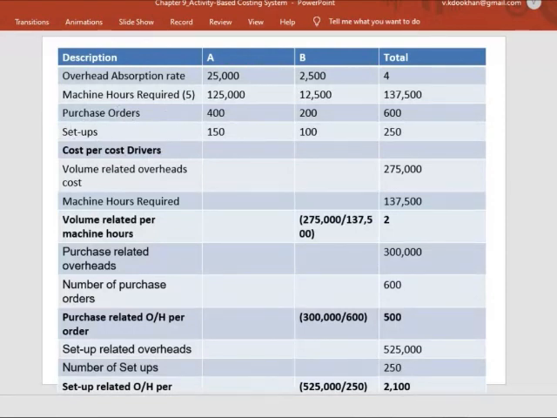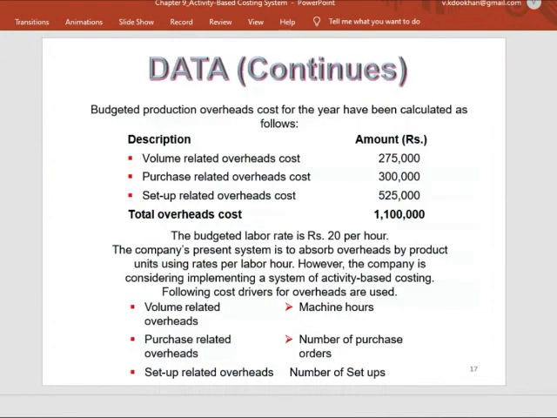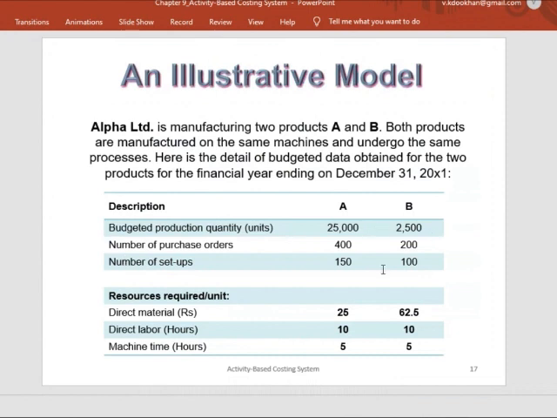What I'm doing is computing this one. I'm making a total of these, because we need to absorb. We don't know how to divide the absorption. Since both A and B use the same machine and the same processors, we are clubbing both of them.